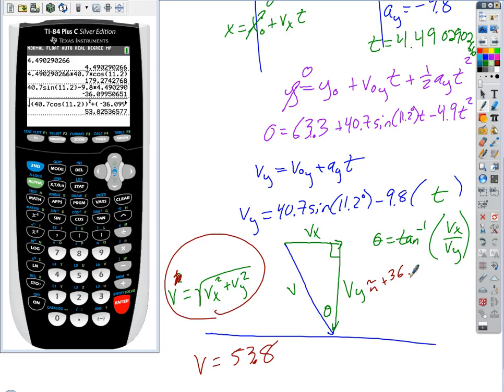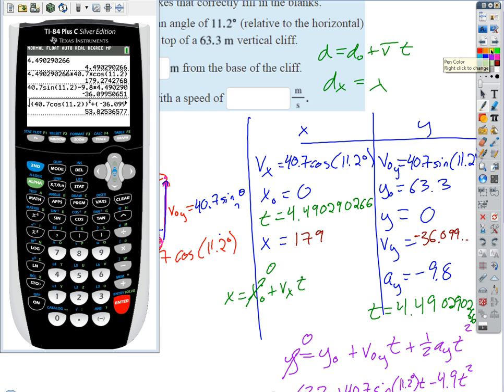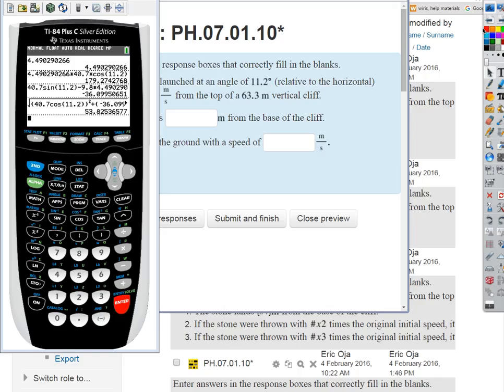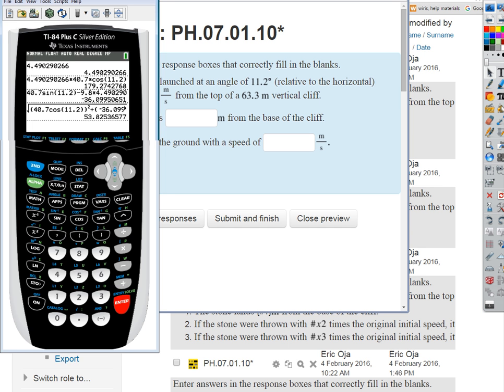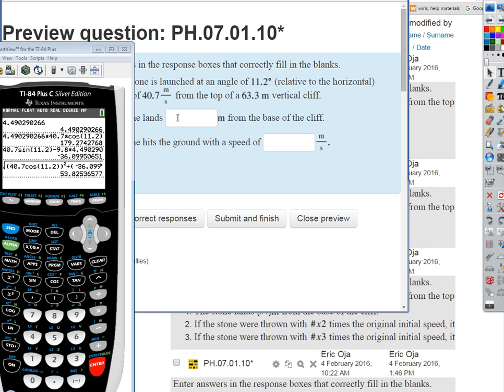Okay. So, does that make sense? Okay. So should we try it? See if it worked? Moment of truth here. So what was our distance? Anybody write it down? 179. It was?